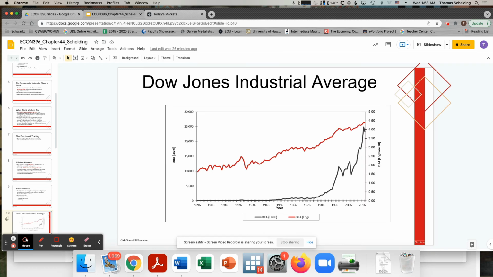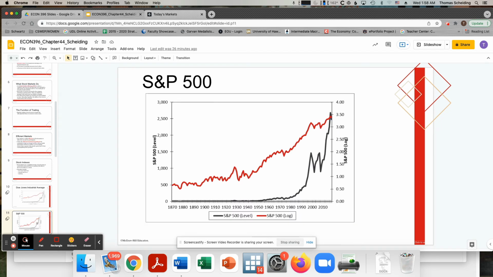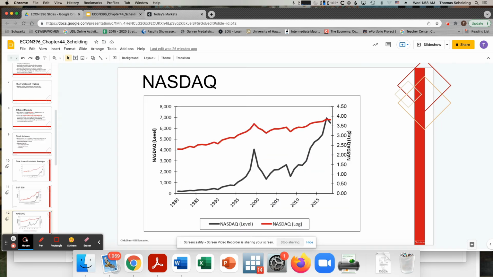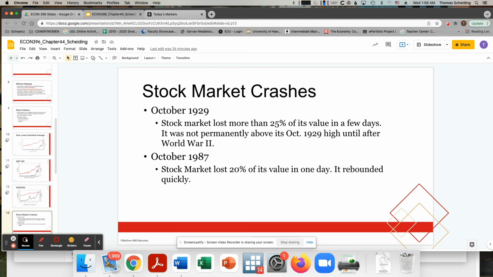And you see this here, where the Dow Jones level is increasing over time, and S&P and Nasdaq. So all the general stock market indexes are going up.